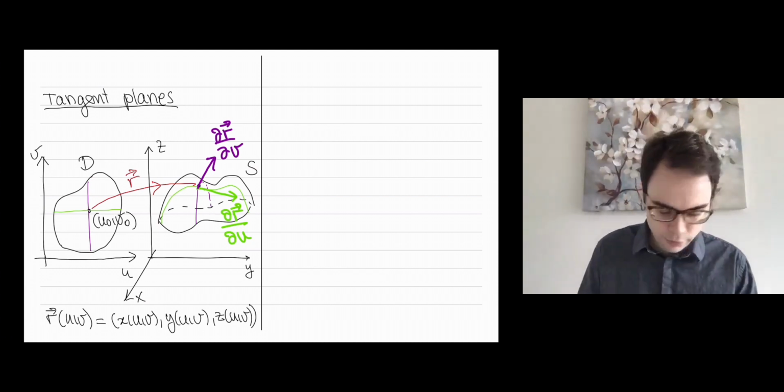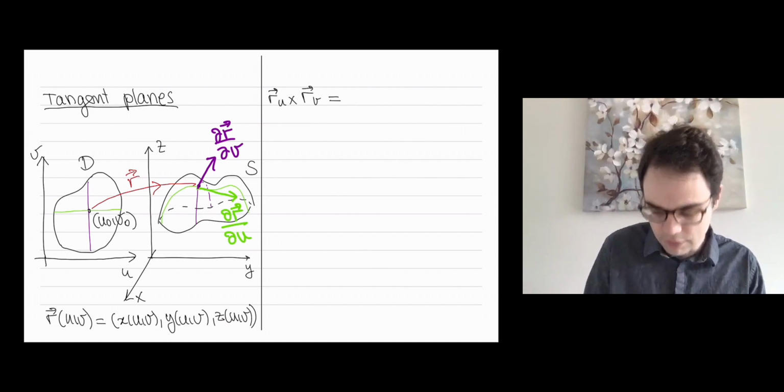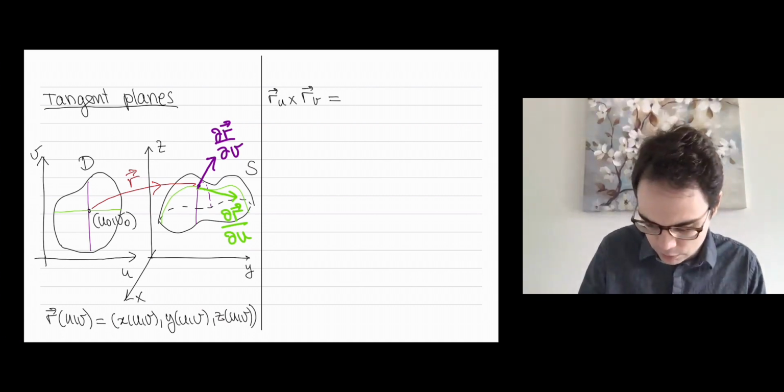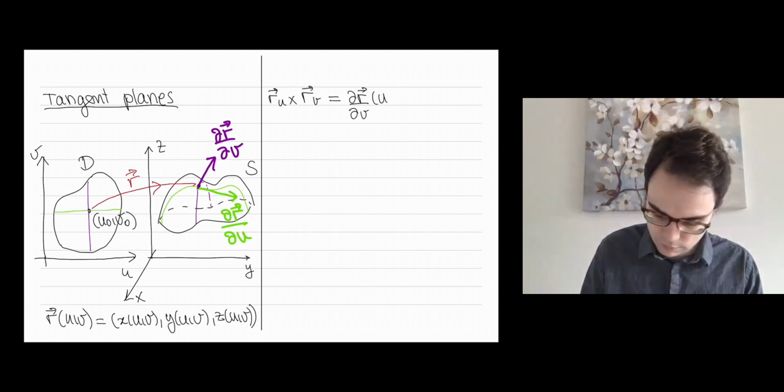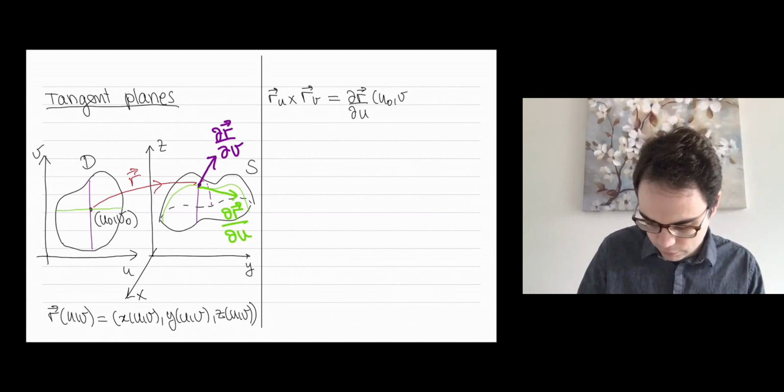Let me just give you the conclusion. The conclusion is that r sub u cross r sub v, and let me give these things their full name: r sub u is the u partial at the point u0, v0. Then I take the cross product with the v partial at that same point.